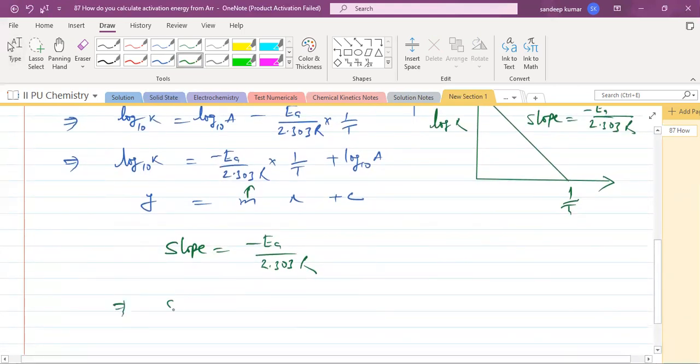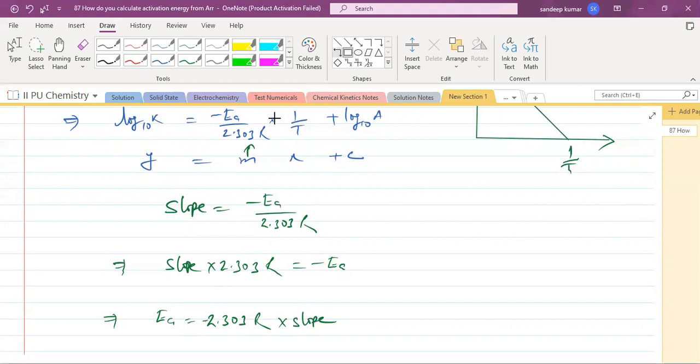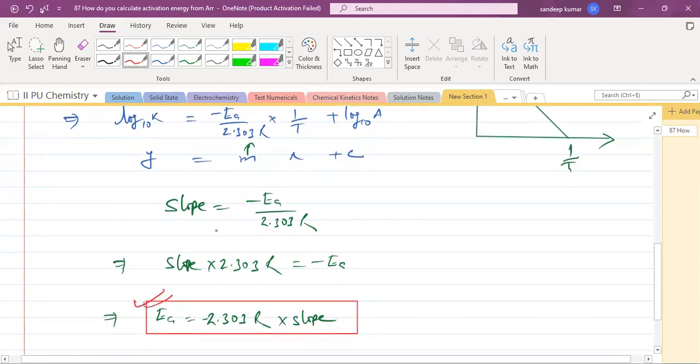Cross multiply: slope into 2.303 into R is equal to minus Ea, or Ea is equal to minus 2.303 R into slope. In this way, this is the way to find out the activation energy using the Arrhenius equation by the graphical method.